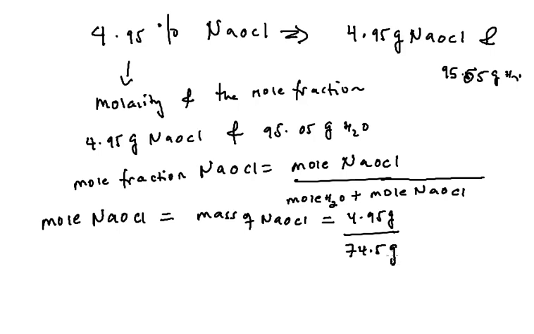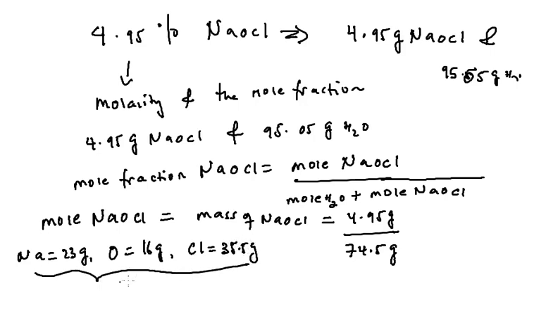For those of you wondering how we get to 74.5 grams, we take the atomic weight of sodium, which is 23 grams, the atomic weight of oxygen, which is 16 grams, and the atomic weight of chlorine, which is 35.5 grams. We add all of these and get 74.5 grams.